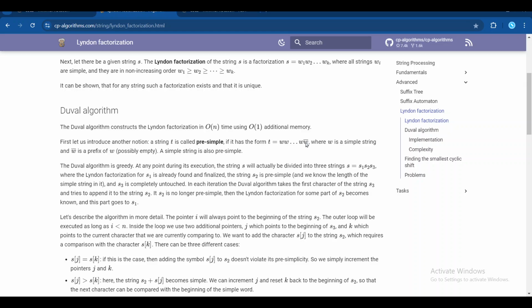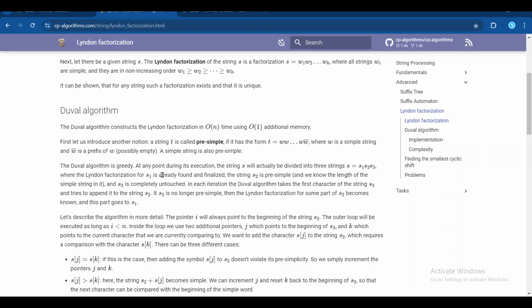Here T is WW and W bar, where W is a simple string and W bar is a prefix of W, possibly empty. Any simple string is also a pre-simple string. Duval's algorithm divides any string S into three substrings S1, S2, and S3.